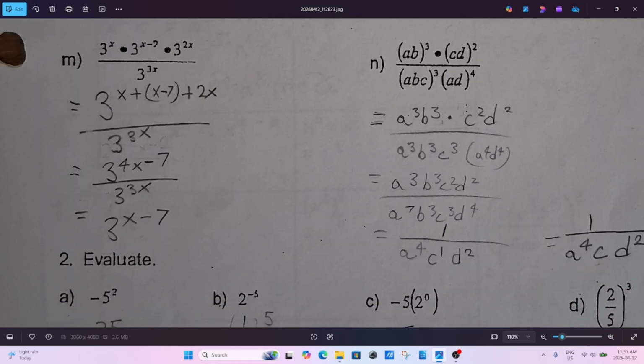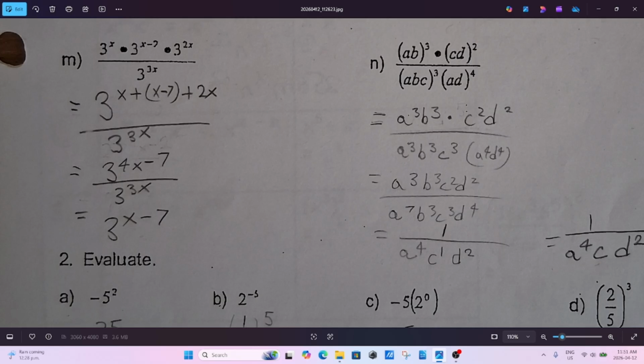Okay, question M. 3^x times 3^(x-7) times 3^(2x), all divided by 3^(3x). So that's just 3^(x + x - 7 + 2x) all over 3^(3x). That's equal to 3^(4x-7) divided by 3^(3x).